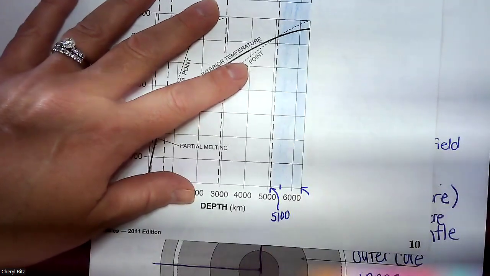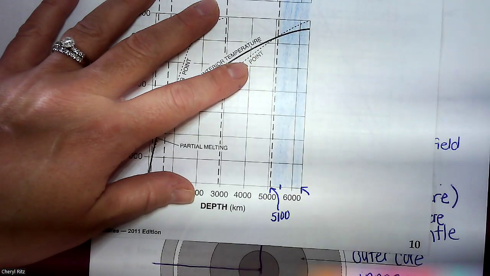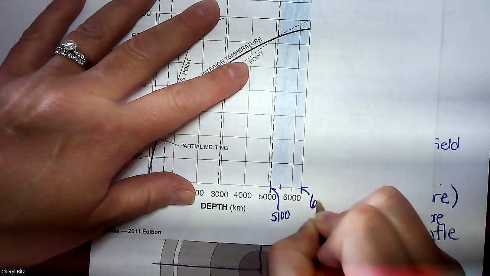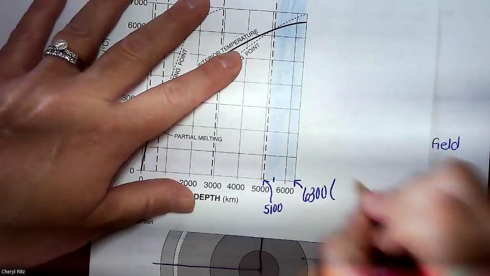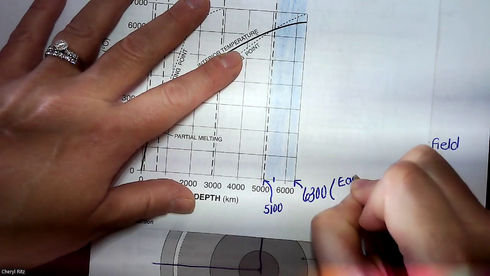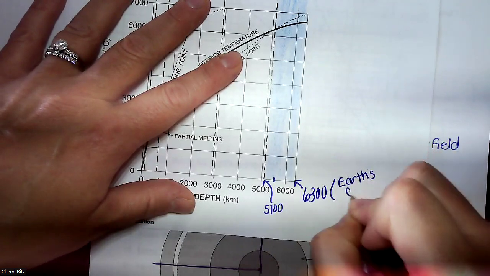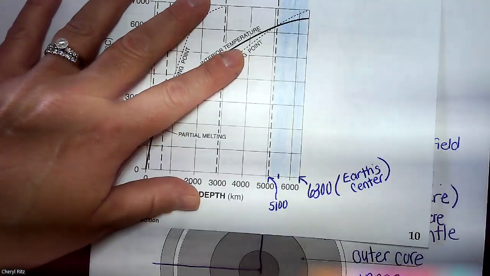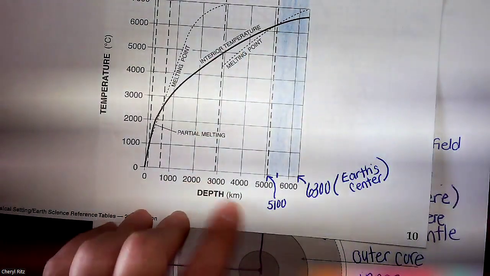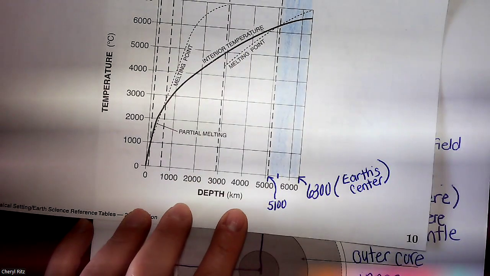Like Carson was struggling with, is it 6,300, 6,400? Either one is good. I'm going to go with 6,300. Since I have room to label, I'm going to bring down that label that said Earth's center. By the way, these are in kilometers, in case you didn't notice that.